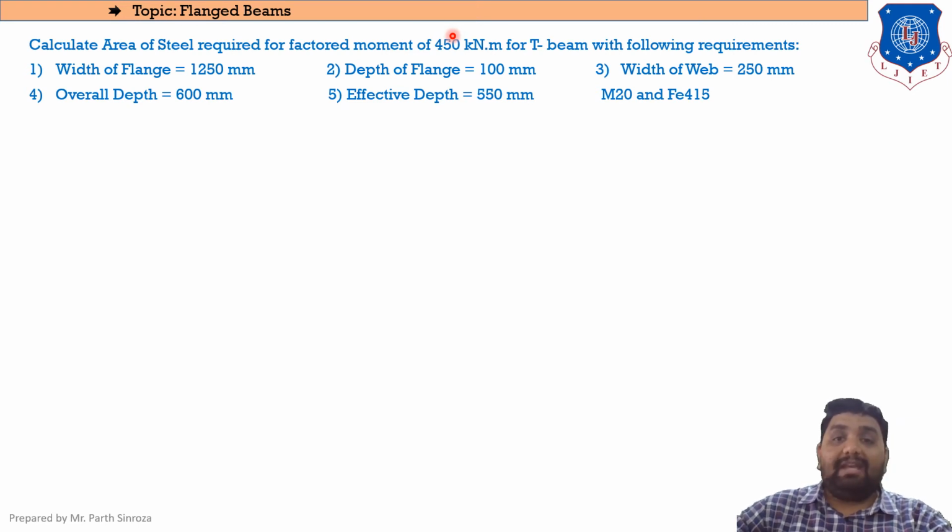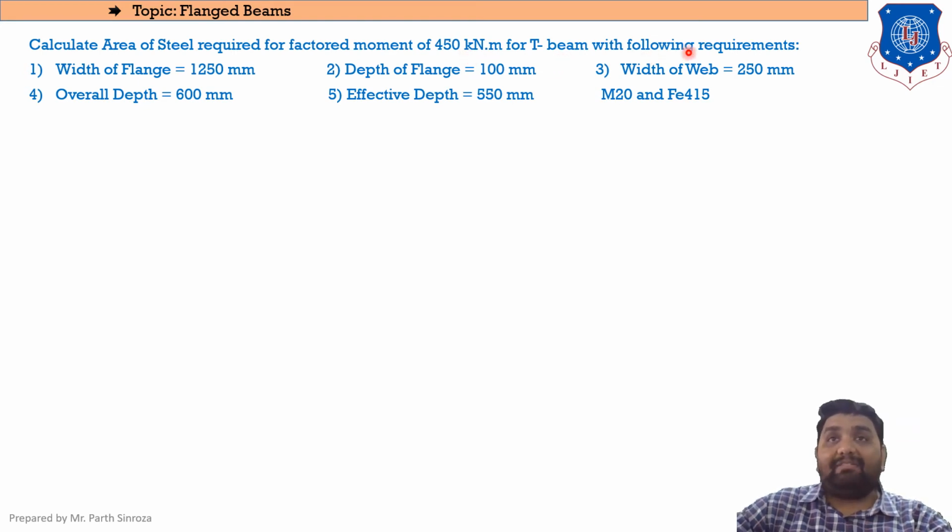Whenever we see any of these three words in the question, that is either factored, design, or ultimate, there is no need to multiply the given load or moment by 1.5, the factor of safety. So here it is mentioned that it is a factored moment of 450 kilonewton meter, so there is no need to multiply this 450 by 1.5.